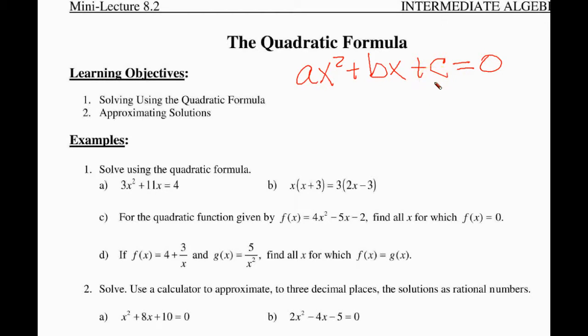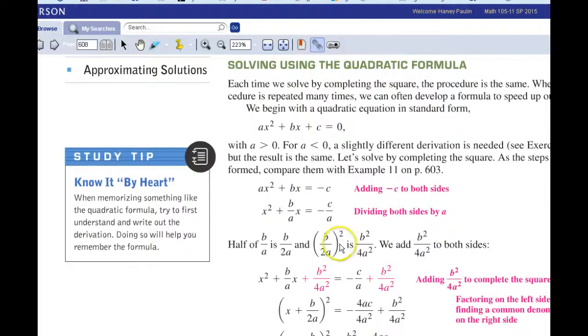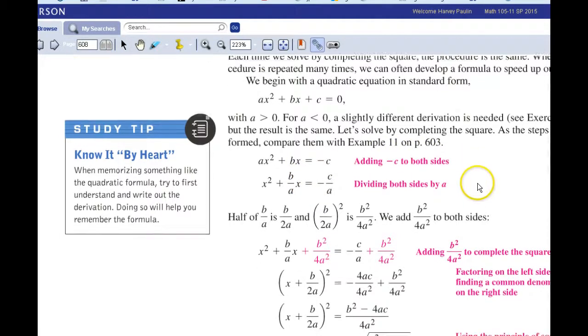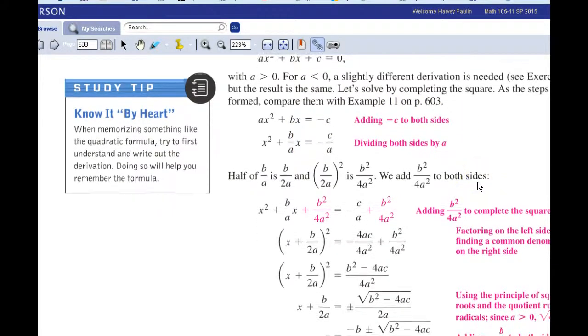and actually this is done. I'm going to go to the textbook for a moment. Solving using the quadratic formula. If you take the c term, bring it over to the other side, and then looking at our textbook, it takes you step by step.